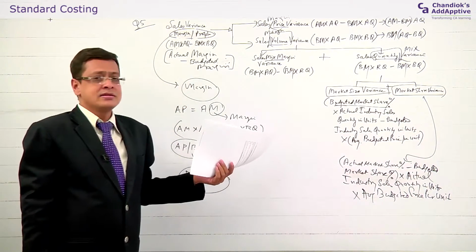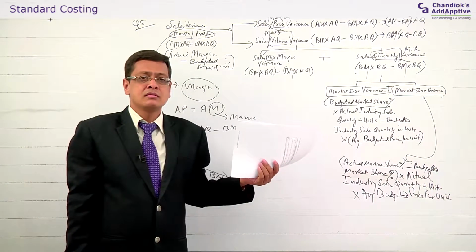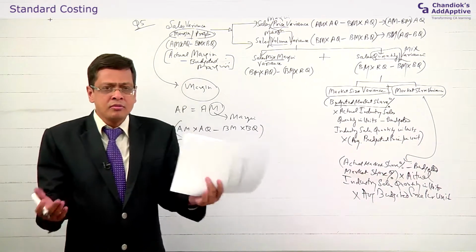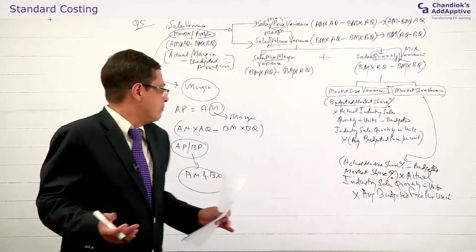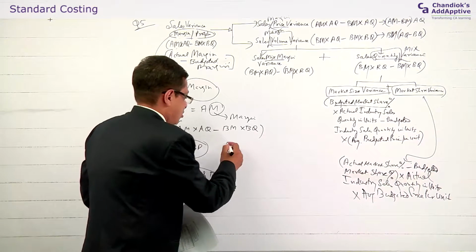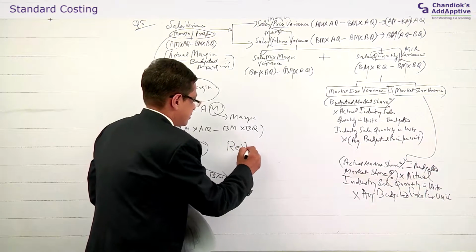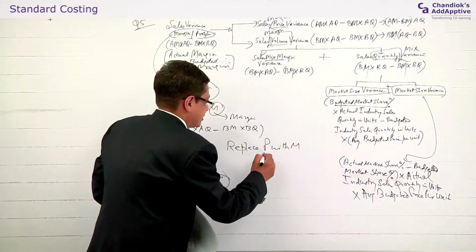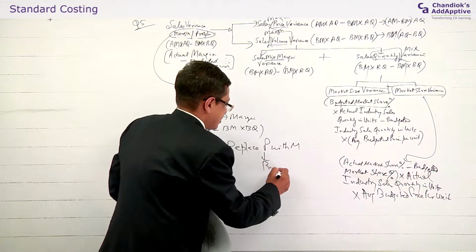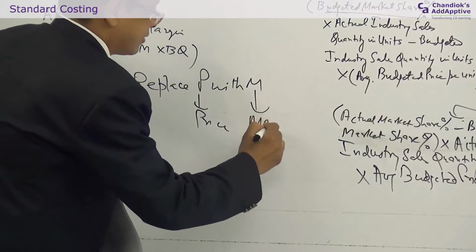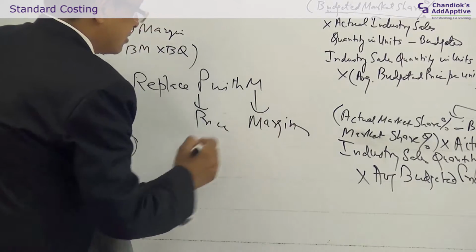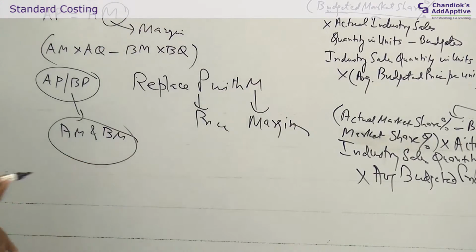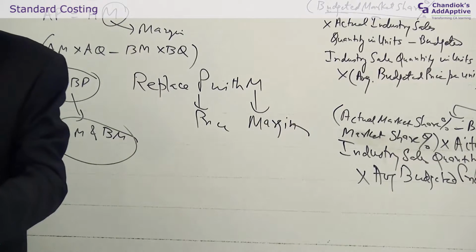So these changes you have to bring to get margin variance. So the formula is the same, only P becomes M. So replace P with M, P which is price, M is margin. If you do this, you get the formula for profit variance.